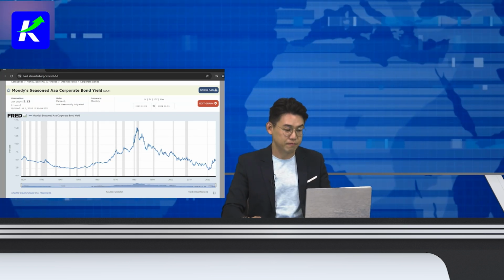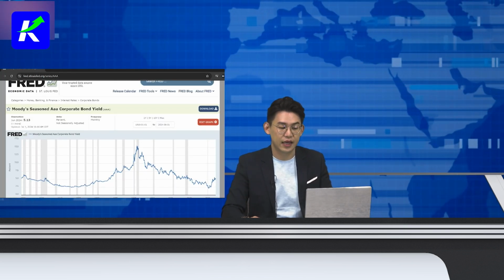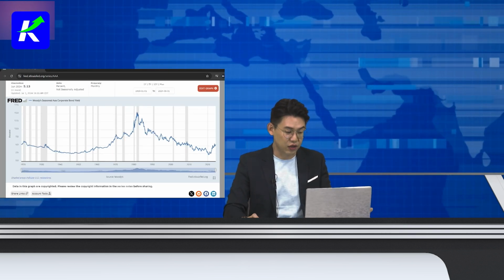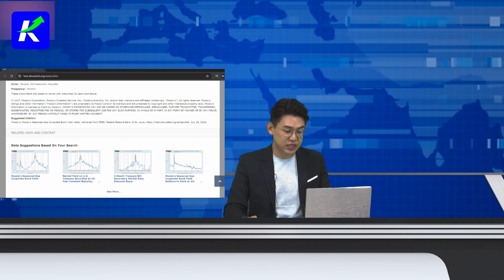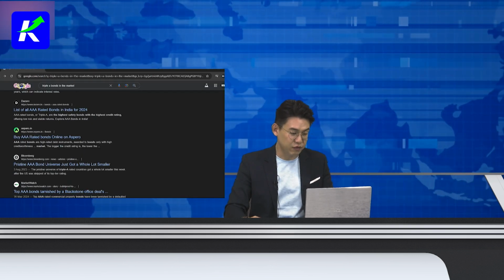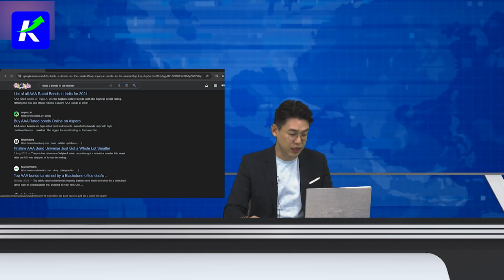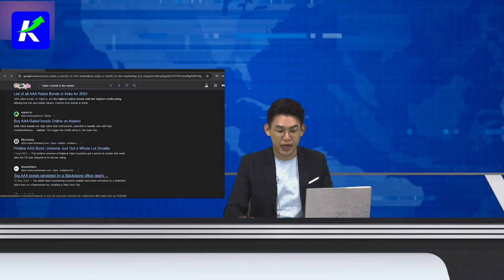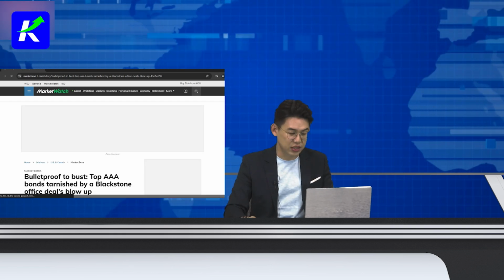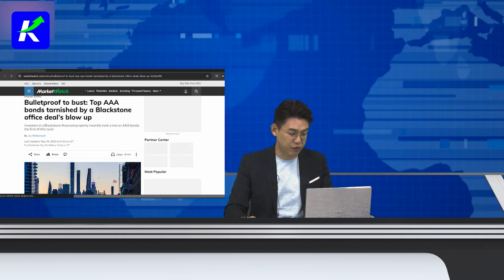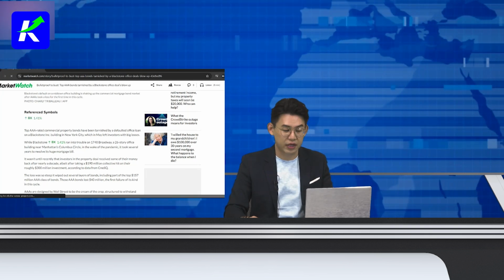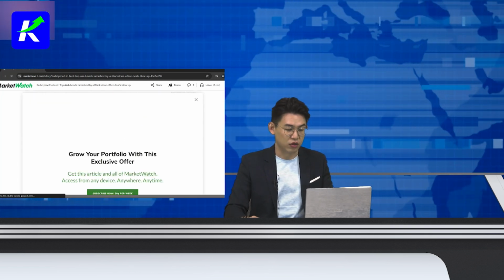This is the Moody's Seasoned AAA corporate bond yield. These are the things you can look into. There are a lot of bonds out there, you can check them out. Other than this, if we look into Bloomberg at the top AAA bonds in the market, there are some bonds like BX, the top AAA rated commercial property bonds.